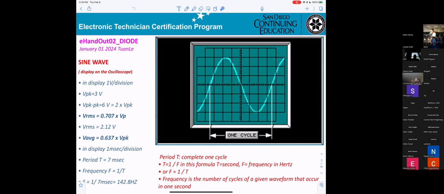So that's why V peak to peak will be 6 volt, and V peak will be 1, 2, 3 divisions. Each division is 1 volt, so that will be 3 volt. 3 volt here, and 3 volt here.